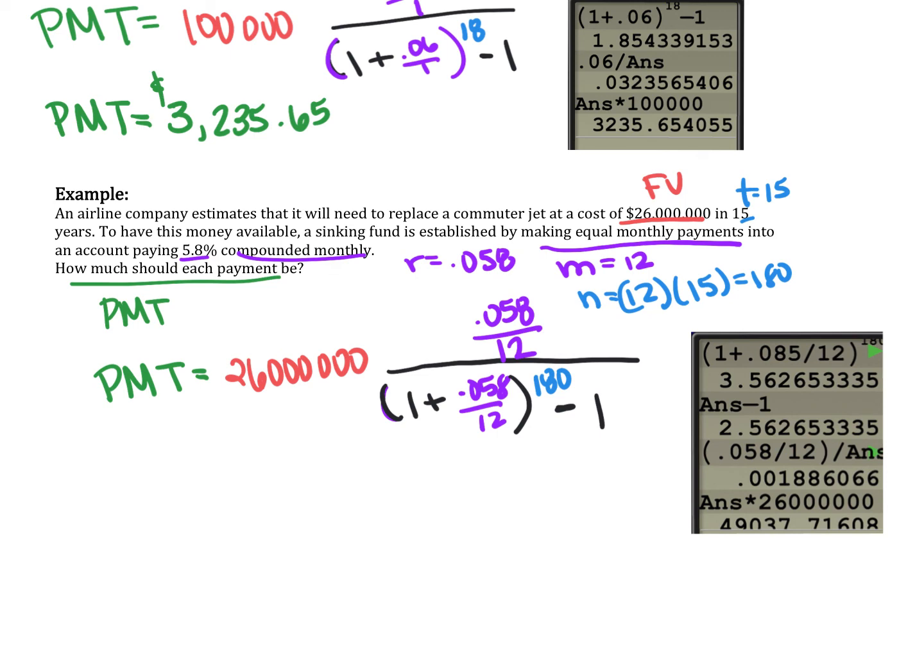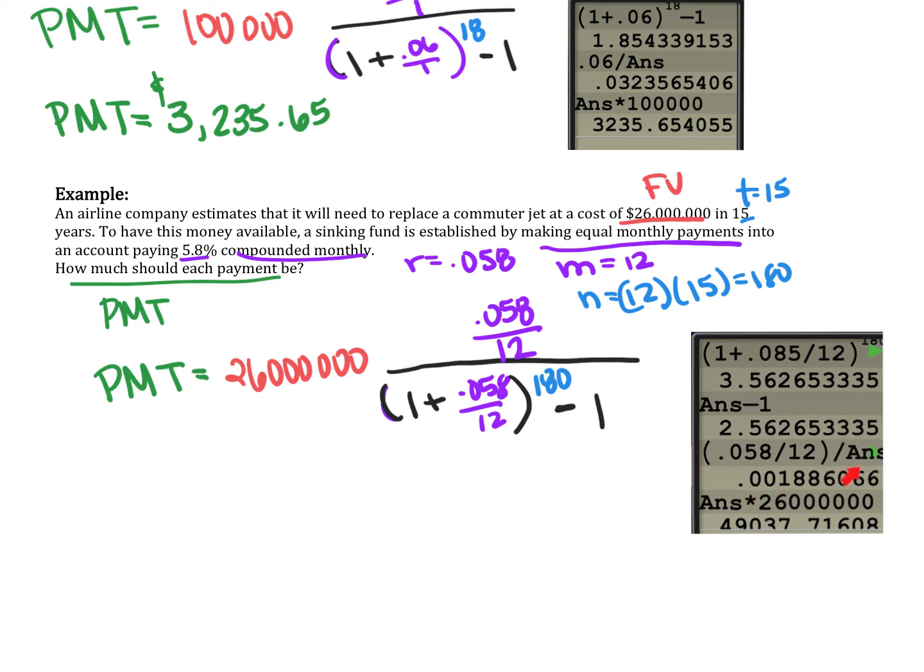Notice that when I calculate this, I do it a little bit differently. I work the inside of this first. I'm dividing 0.058 by 12, and I raise that to the 180th power. It's equal to 3.562. Subtracting off the 1, I got 2.562. Then I did this part again, 0.058 divided by 12, and I divided that by the answer that I got down here.